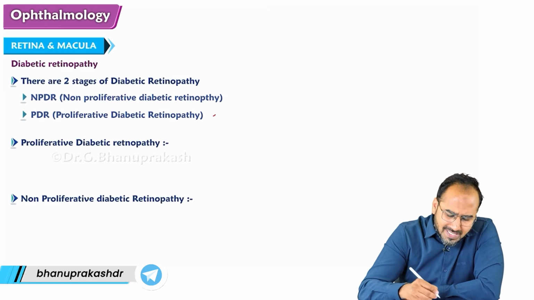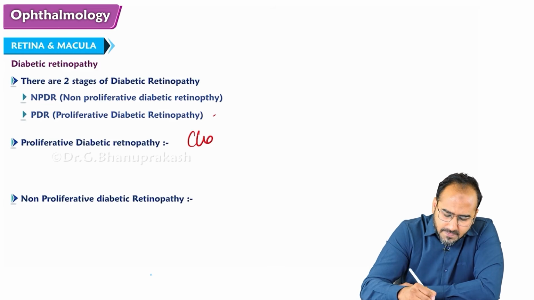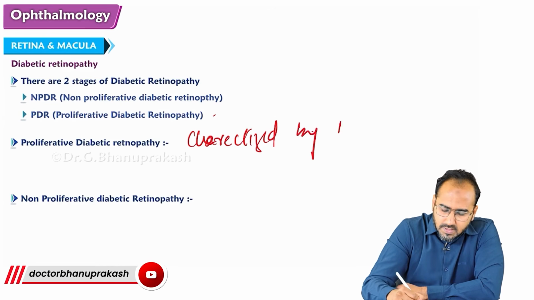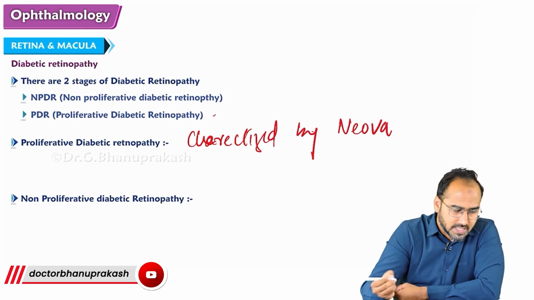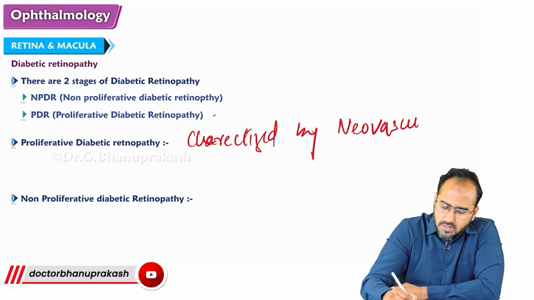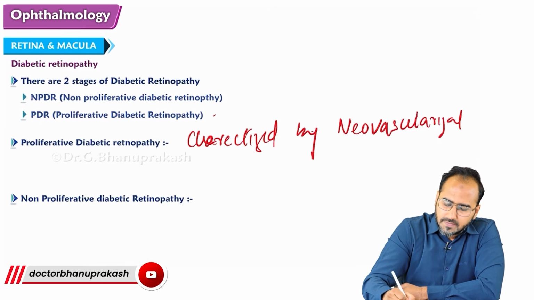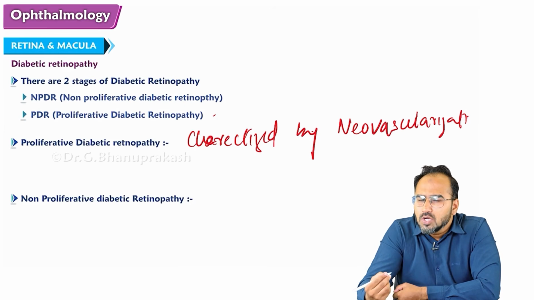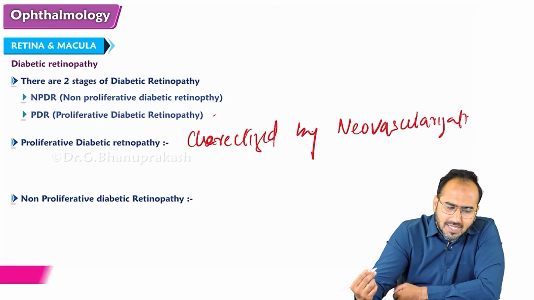Proliferative diabetic retinopathy is characterized by neovascularization. The hallmark feature of proliferative diabetic retinopathy is new blood vessels being formed on the retina.